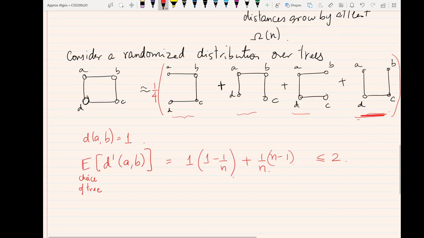So what this means to say is that if I choose a random path or a random tree out of these four, then for any given pair A and B, the distance in the original graph, which is the original cycle, is within a factor 2 of the distance in the tree.